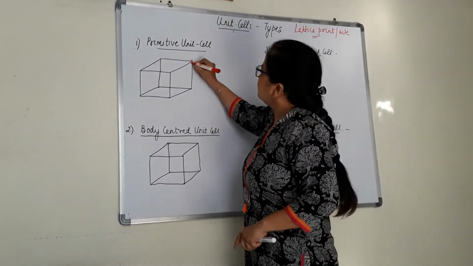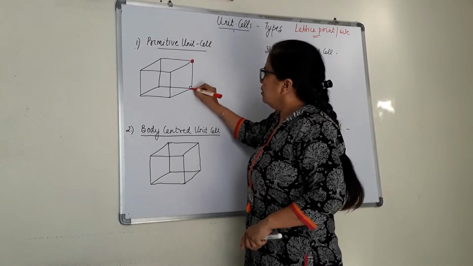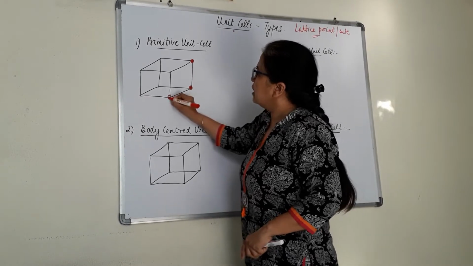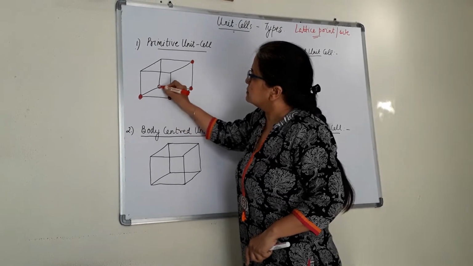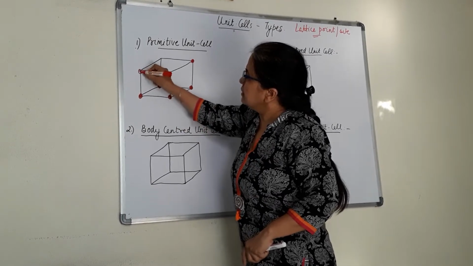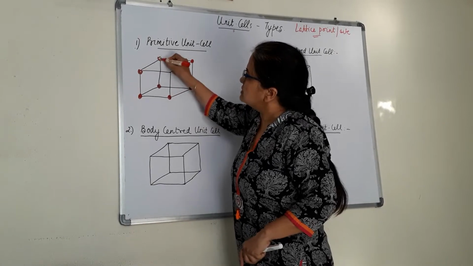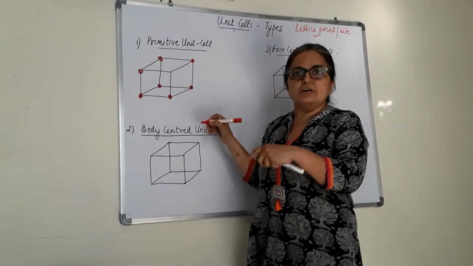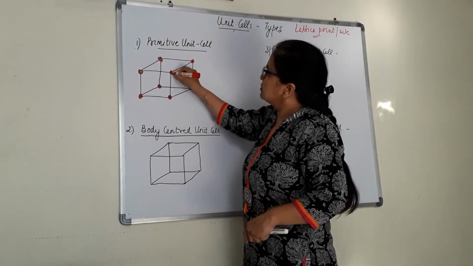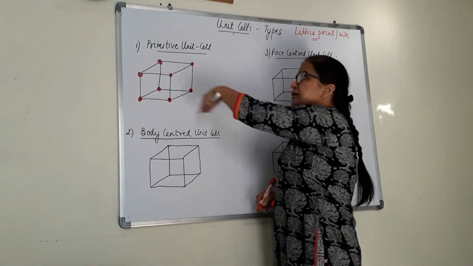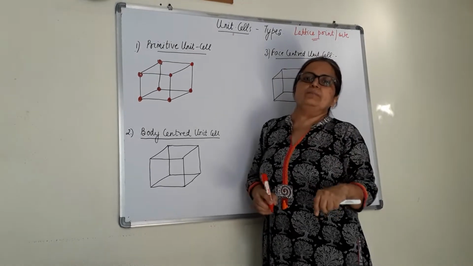In the primitive, all corners are occupied by the constituent particles. We know there are 8 corners in a cube. So at all 8 corners there is a constituent particle.